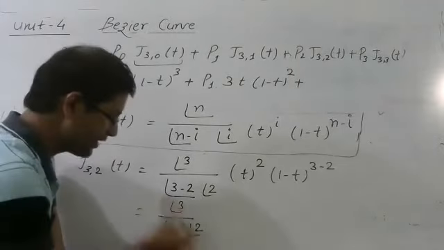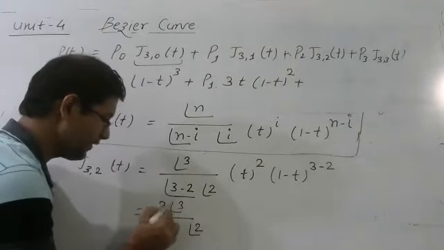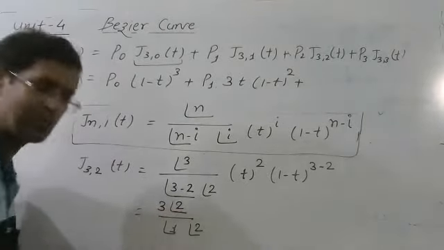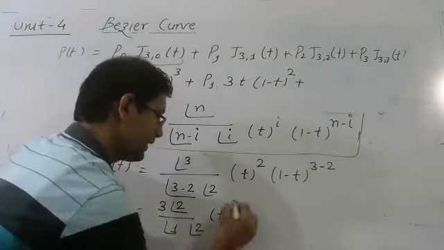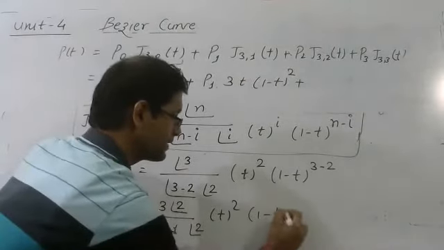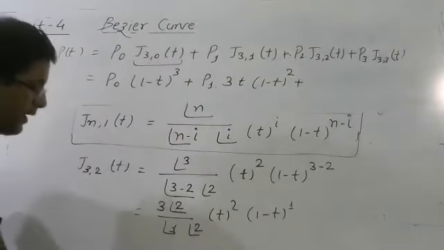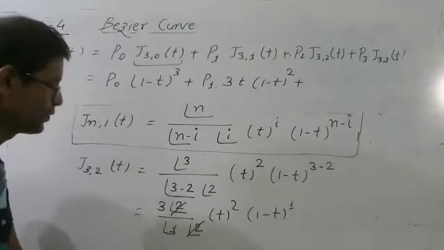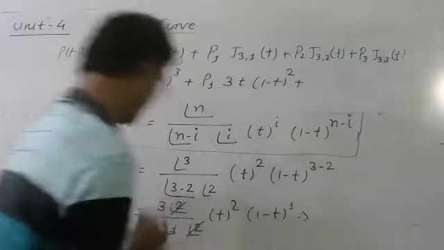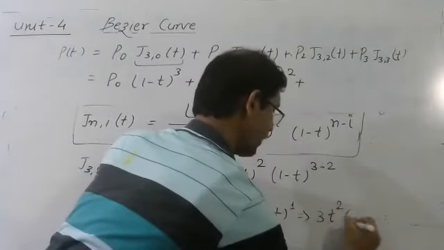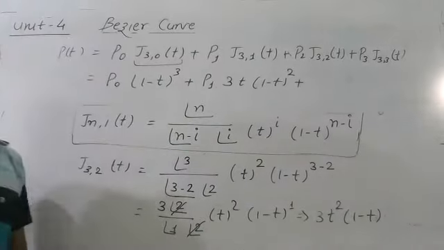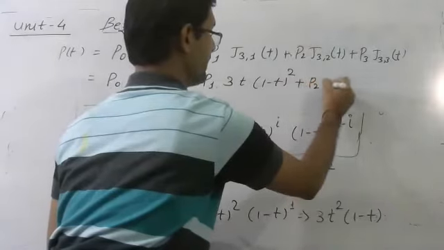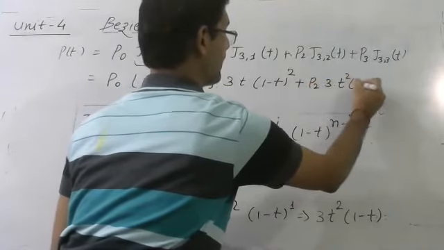If I want to cancel out this 2, I need to remove 3 out of this, and we can write it like this: 3 into factorial 2, t square and (1 minus t) power 1. Here factorial 2 will get cancelled, and this factorial 1 will be 1. So what we will get? 3 multiplied by t square (1 minus t). So the value of this particular J3,2 is 3 multiplied by t square (1 minus t).